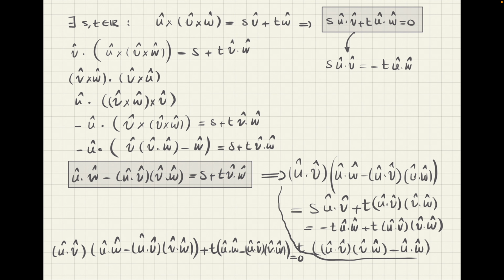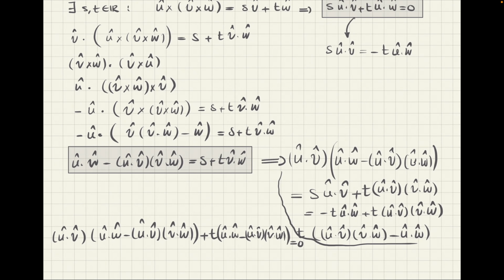And then what I do, I factor this out, so it becomes U dot W minus U dot V, V dot W. And then from the first one, U dot V is left, from the second one, T is left, equals 0. So then I have two possibilities.